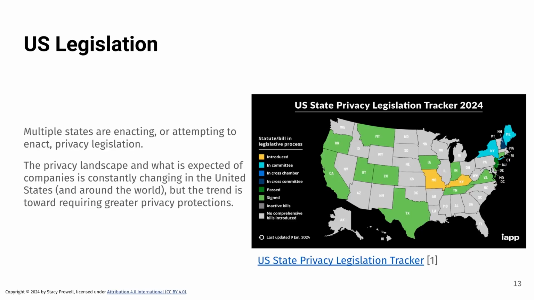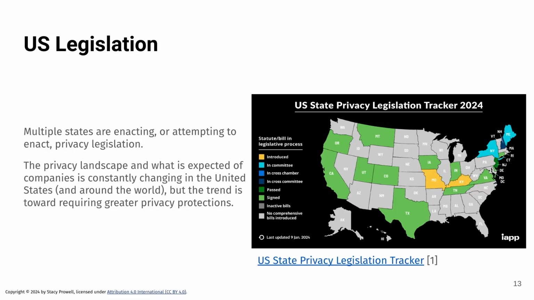So many states are trying to enact legislation to protect your privacy, in this case, online. The privacy landscape is changing constantly. Every year, as I update this little map, more states show up with legislation signed. Those are the green ones. You're in Tennessee.